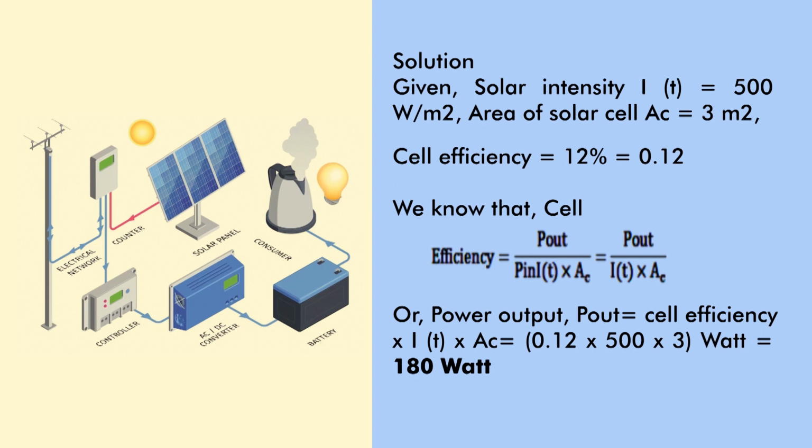The efficiency is given as 12%, so you can write 0.12. Intensity is given as 500 watt per meter square, and the area of the solar cell is given as 3. After solving, you will be able to calculate the output power as 180 watt.